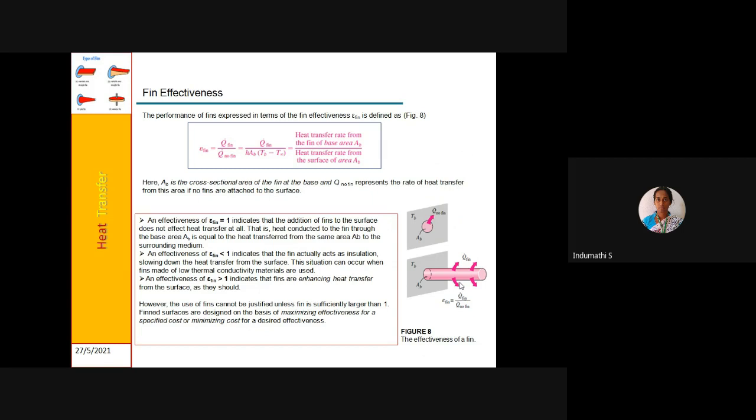This situation occurs generally when fins are made of low thermal conductivity material. If the effectiveness is greater than 1, the fins are enhancing the heat transfer from the surface. The use of fins cannot be justified unless the effectiveness is sufficiently larger than 1. Finned surfaces are designed on the basis of maximizing the effectiveness for the specified cost or minimizing the cost for the desired effectiveness.